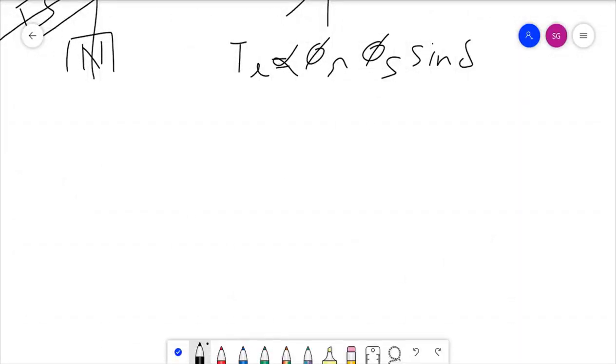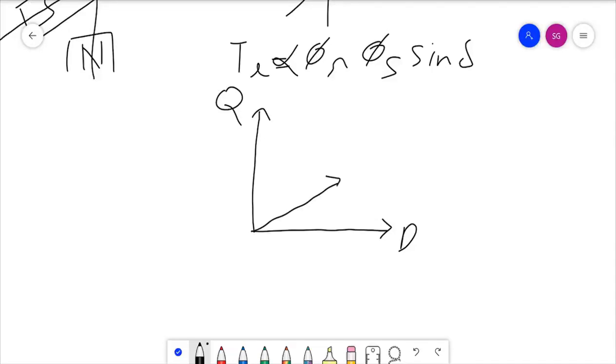Let us draw the stationary reference frame. This is my d axis and this is my q axis, and here is my phi r, the rotor flux, and this is my phi s.